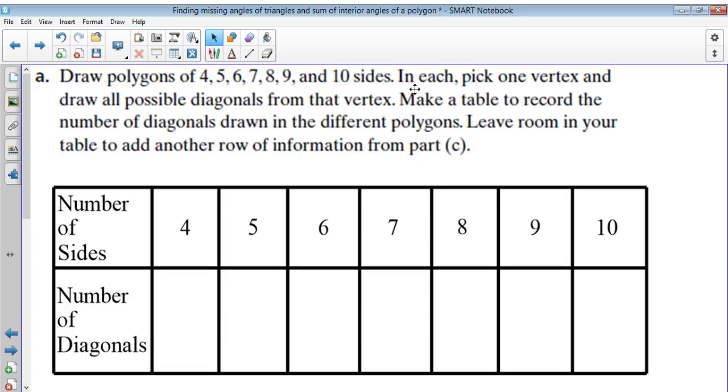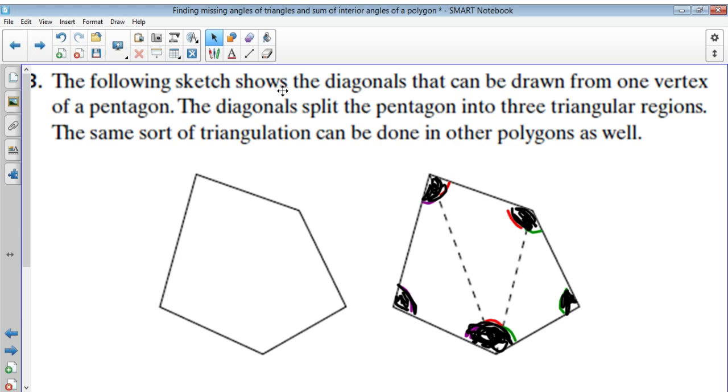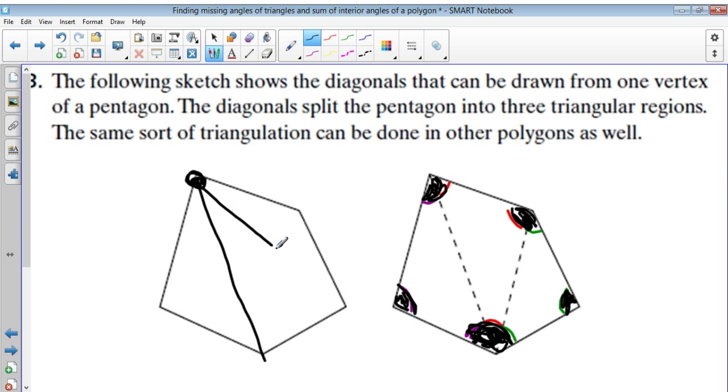But basically you're going to draw the polygon and then pick one vertex and draw all possible diagonals from that vertex. This is exactly what we just did a while ago, right? Picking a vertex of the shape that you draw and then drawing diagonals to every other vertex from that one vertex. Make sure that you can't pick one vertex and then draw another diagonal here.